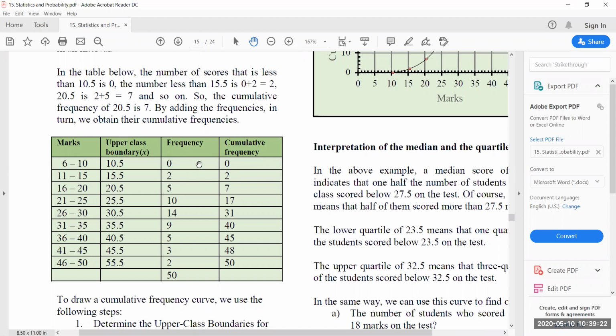So the first one is obviously 0. 0 plus nothing is 0. 2 plus 0 is 2. 5 plus 2 is 7. 10 plus 7 now is what? Let me snip it and I'll be able to draw and show you all better.